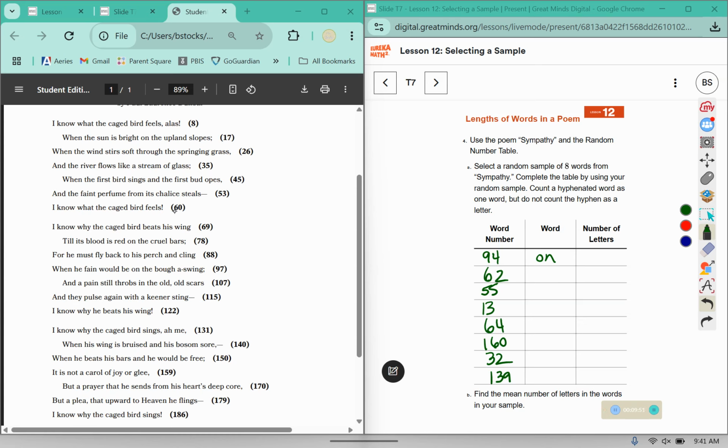Word 62. 61, 62, that's the word "no." 55, 53, 54, 55 is also the word "no."